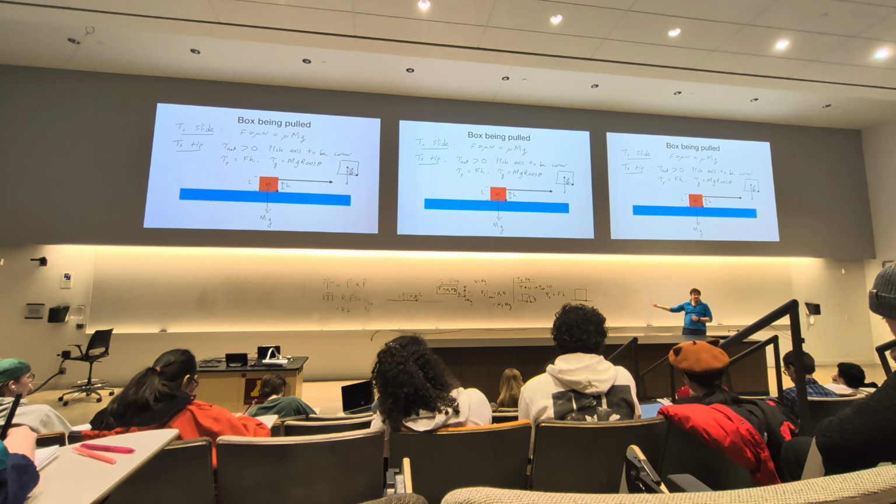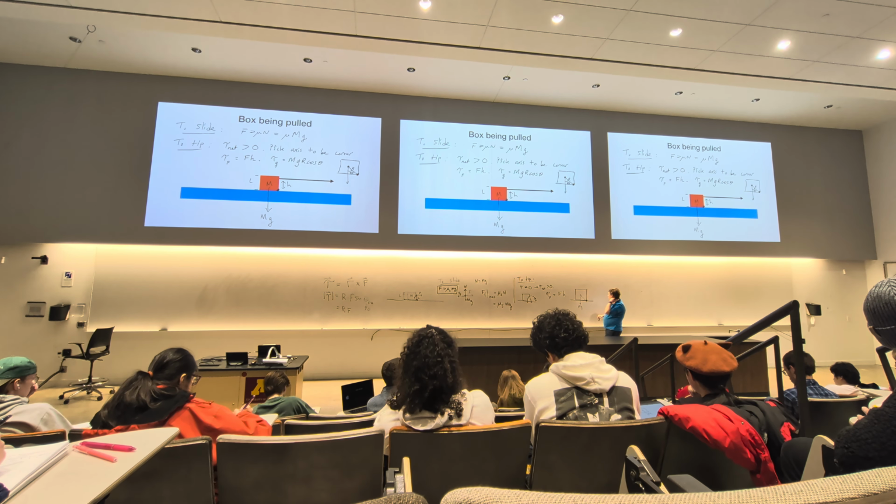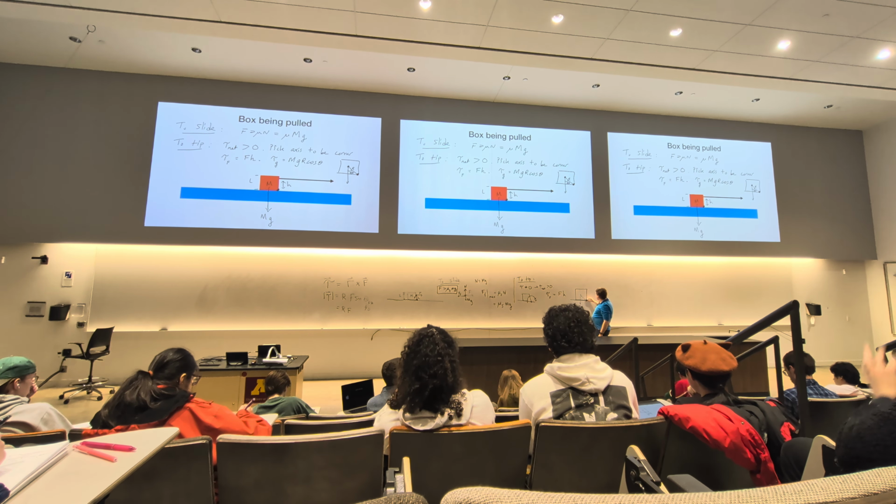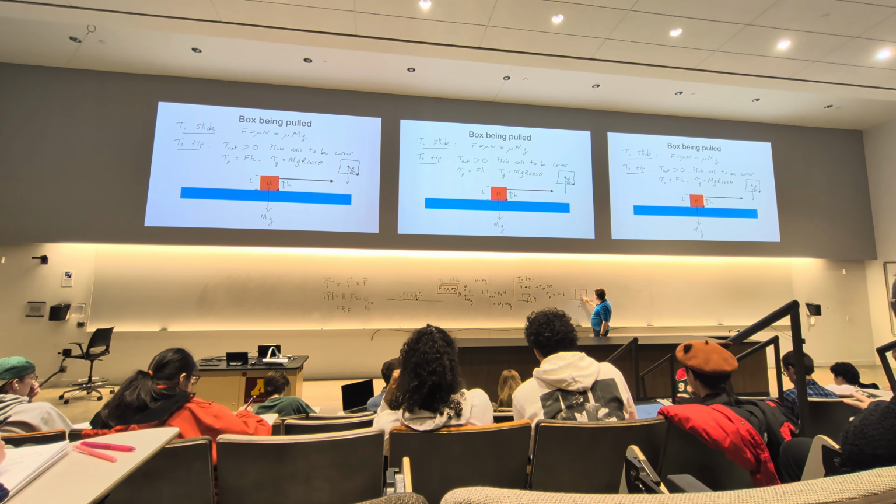So now we have the following challenge. We would like to calculate this angle, and then the vector from here to there is r, and then this is the force. Okay.